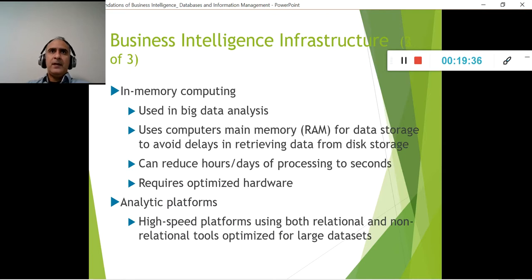All right. So, anyways, we understand that. We're talking a little bit more about the hardware here. When it comes to business intelligence, we have to have the proper infrastructure because if we don't have the proper infrastructure for data, like I said, it can cause delays.